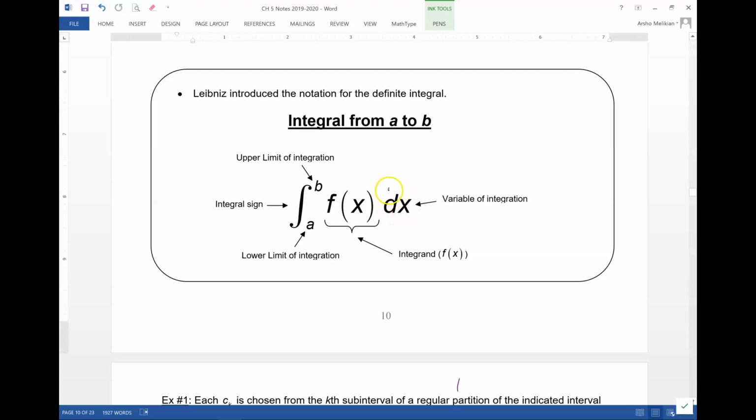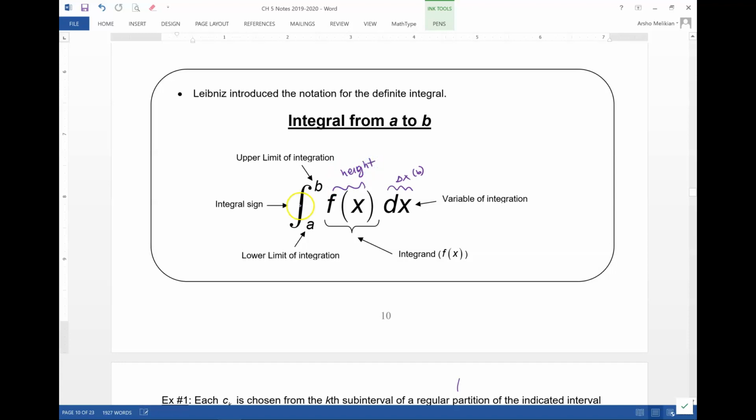Guess what dx is? dx is delta x when the delta x is super, super tiny. So it's delta x for normal lengths, like a millimeter, 0.001 of a millimeter, and if it's infinitesimally small, it's dx. So dx is the same as delta x. That's the base, and this is the height of the function.